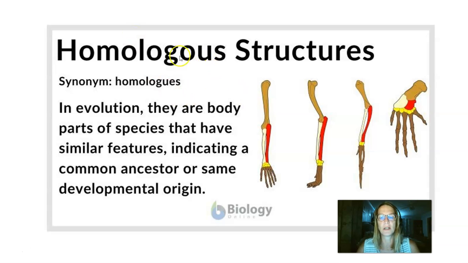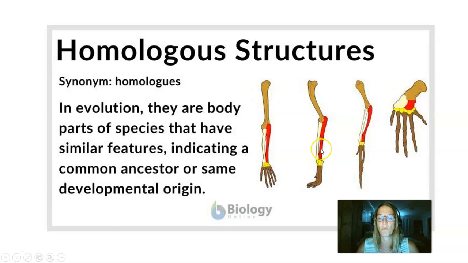So if we look at the forelimbs of several species of vertebrates, here we have a human arm, here we have a cat arm, this is a bird wing, and this is the front flipper of, I think, a sea lion.